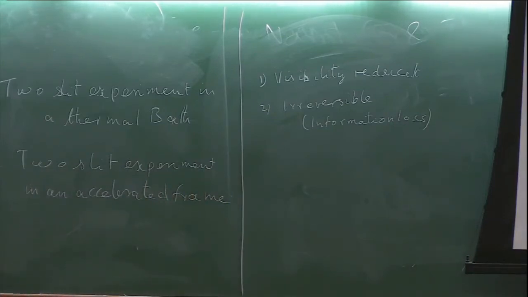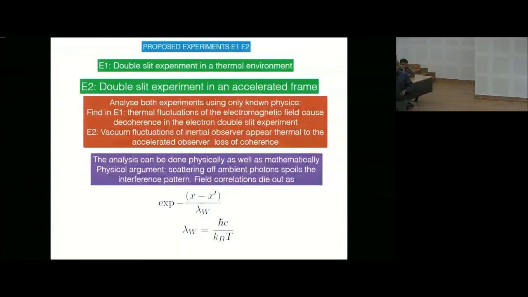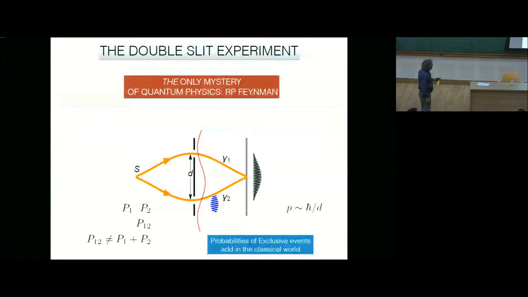So the analysis can be done both physically as well as mathematically. The physical argument is very simple. Suppose I have a double slit experiment here. Let's go back to this picture. This red line is supposed to represent a long wavelength red photon, which is hanging around in the apparatus. And this blue photon here is a large momentum photon.